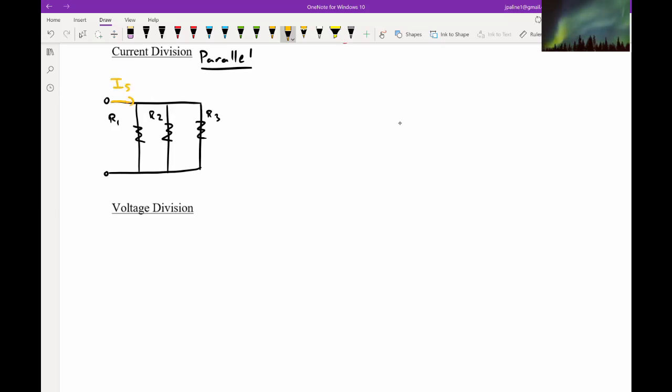It's going to hit this point and branch off this way. It'll send some down this way. It'll branch off, and this will also come down here. So these currents that we see here are all parts of this bigger current.